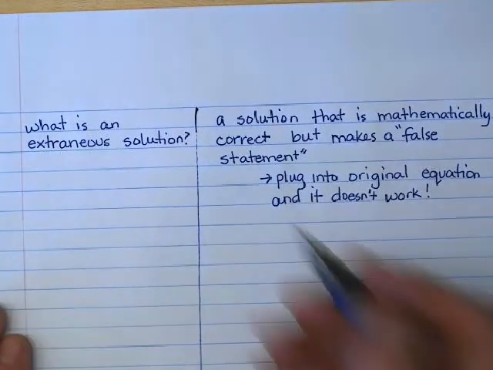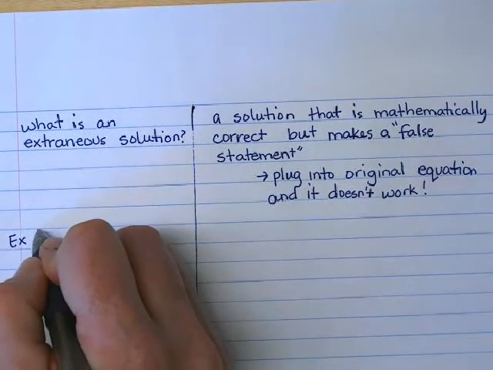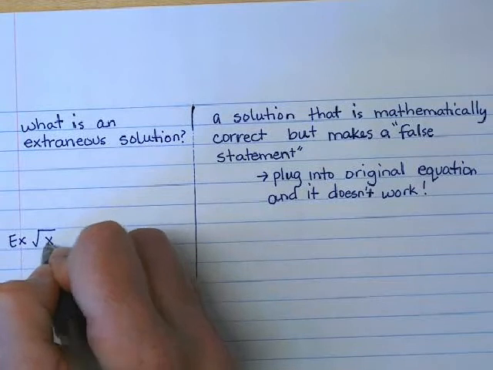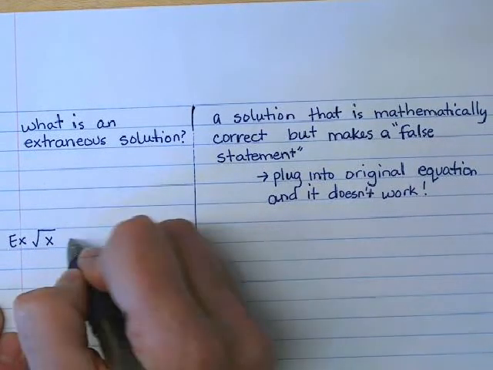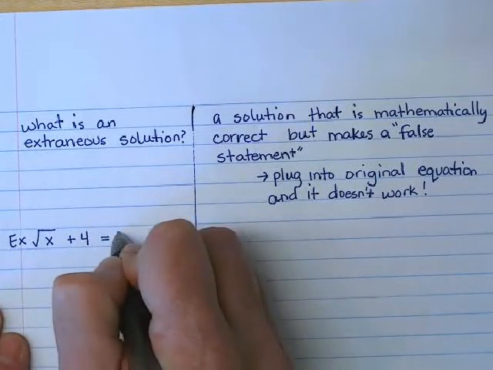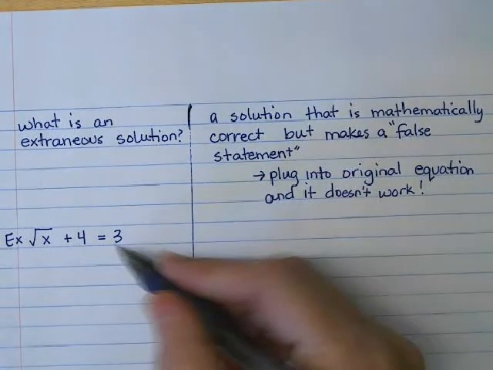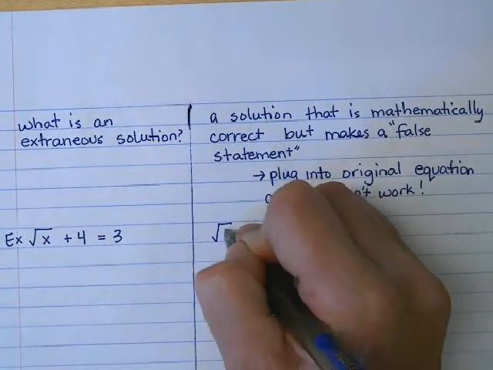Okay, so what you're going to do is, let's see, I guess I should give you an example. So let's say I have, and I'll just try to make a nice easy one, the square root of x plus 4 is equal to 3. Okay, so if we're not working with imaginary numbers, well, let's just look what happens here.